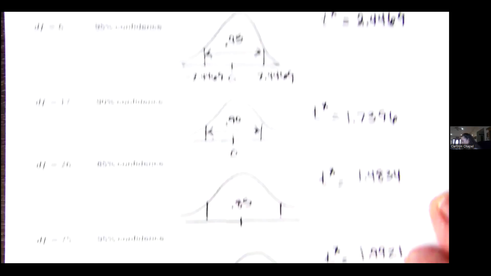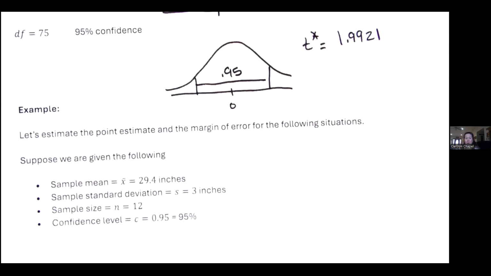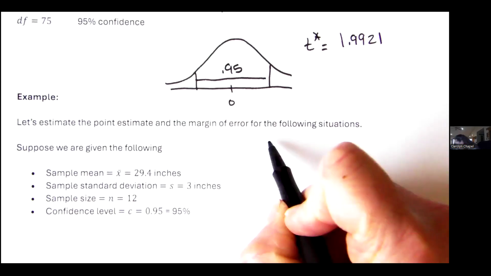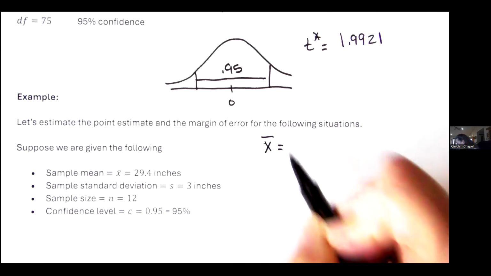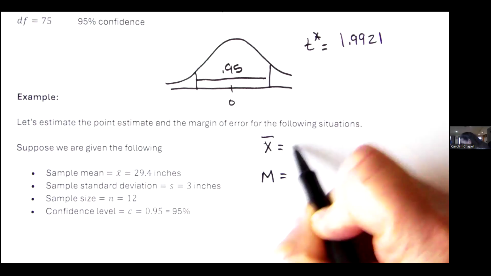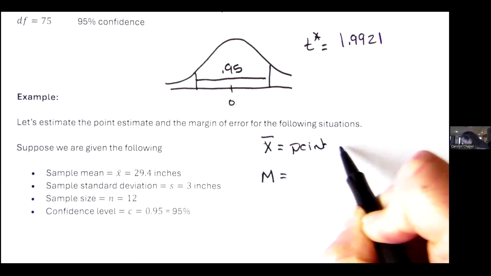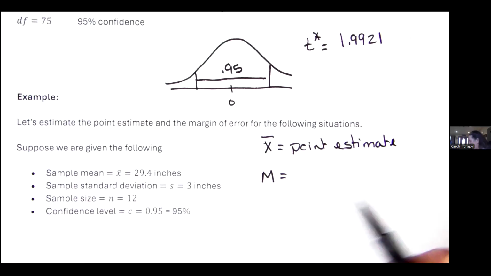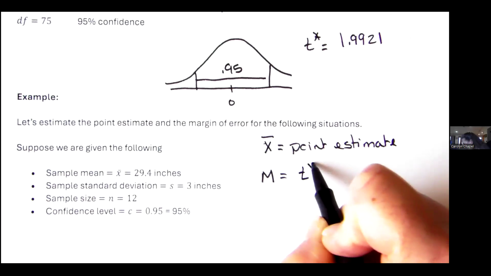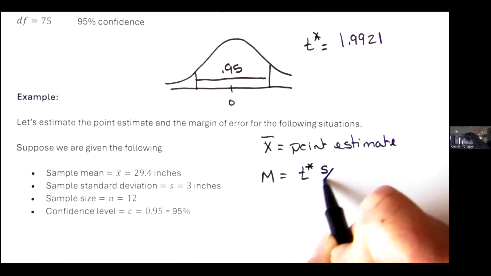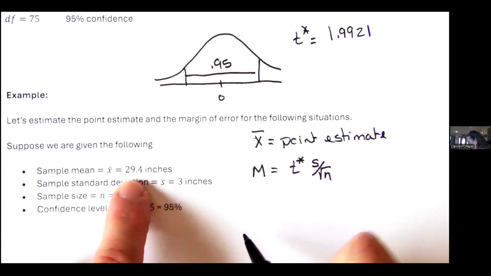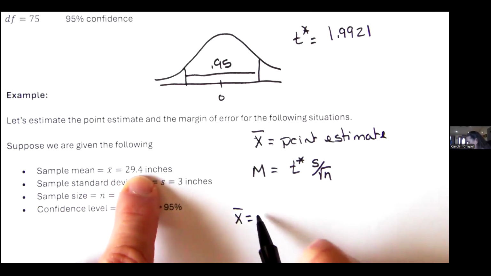Okay, let's do an example where we're just going to find that point estimate and we're going to find that margin of error. So remembering our point estimate is X bar, and the margin of error, that has not changed, the point estimate hasn't. But our margin of error this time is our T star times our S over the square root of N. So in this case, our point estimate will be that 29.4.